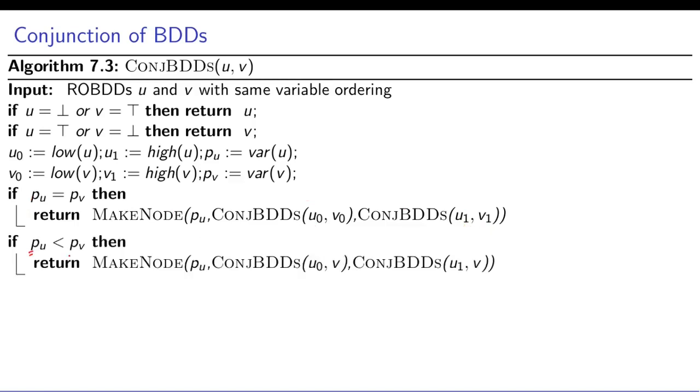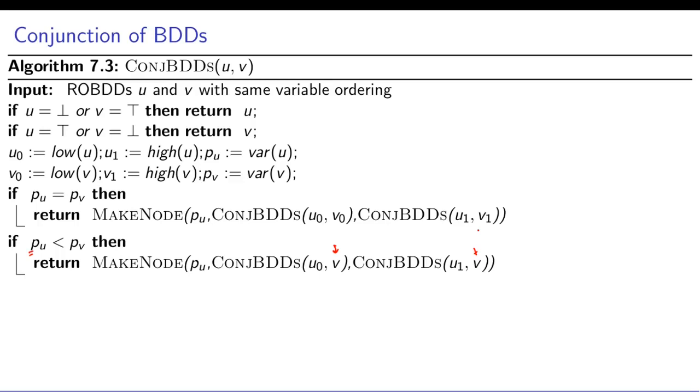If u is labeled with a variable which is less than the variable which is labeling v, then what we have to do is that we need to pass on the same parameter on v. You cannot split on v anymore. You can split on u and go down, and we keep v the same.